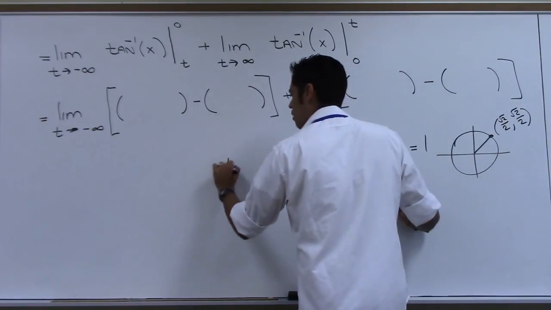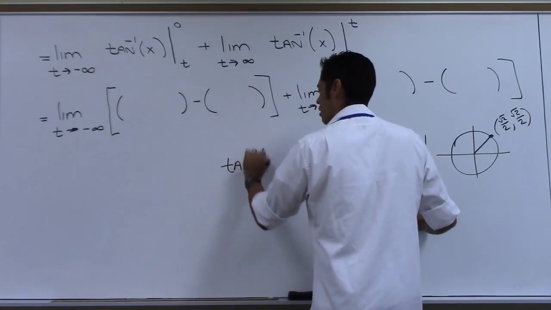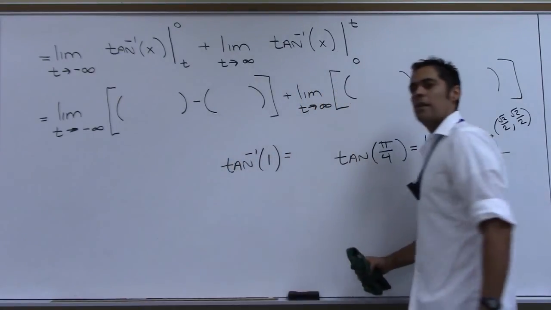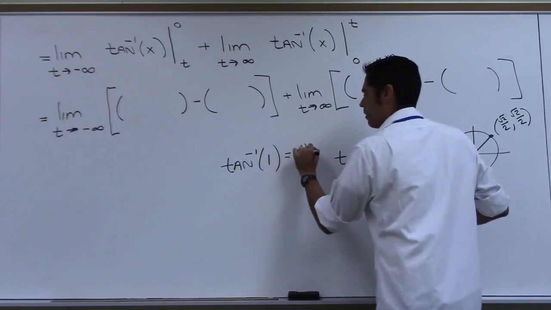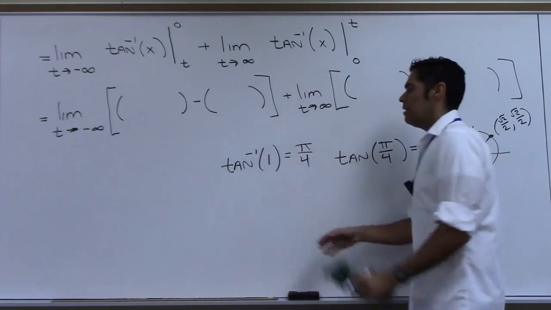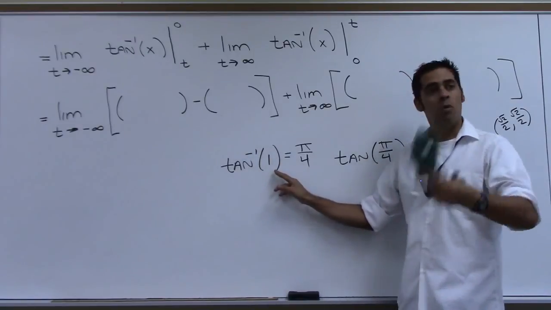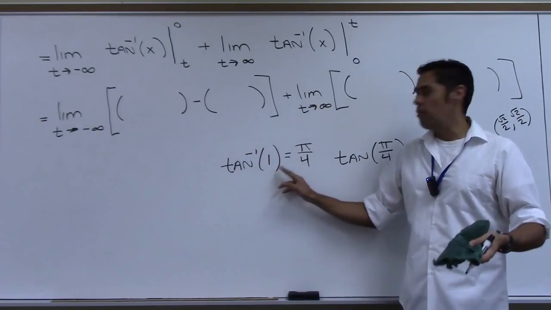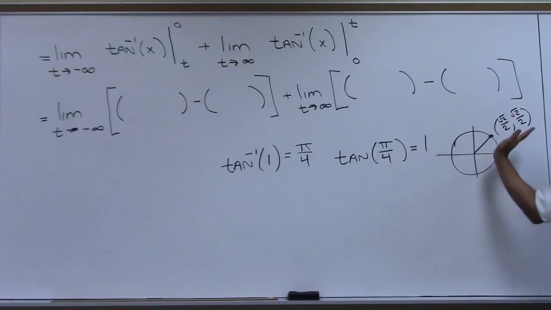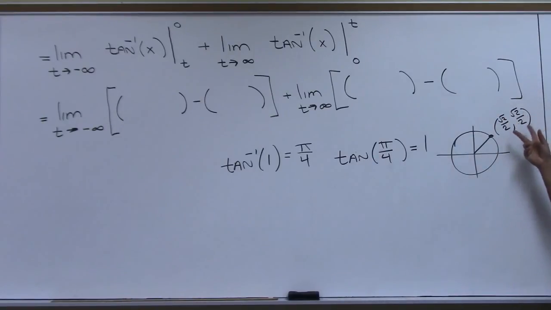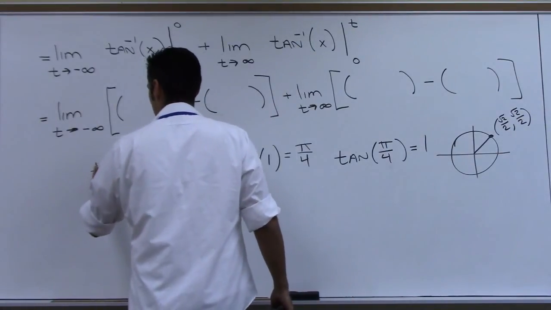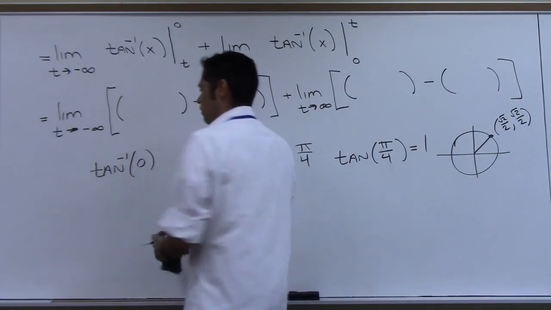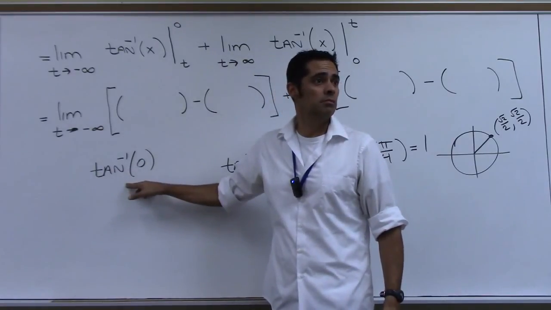If I say over here, what's arctangent of 1, then the answer should be what? Pi over 4, the angle, right? Arctangent of 1 means at what angle do you get a ratio of 1? And so we would have to know pi over 4 is where you get the ratio to be 1, yes? But that's not what we're asking here. We're asking here is at what angle is the ratio 0?